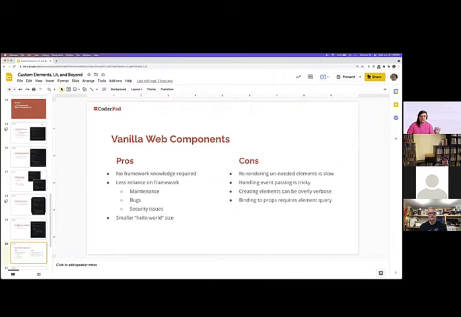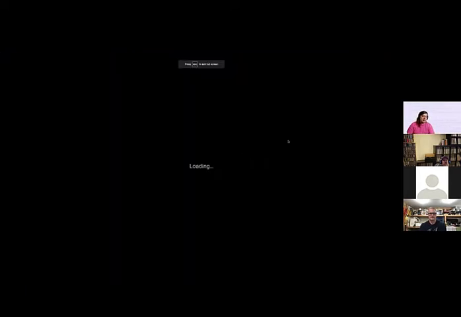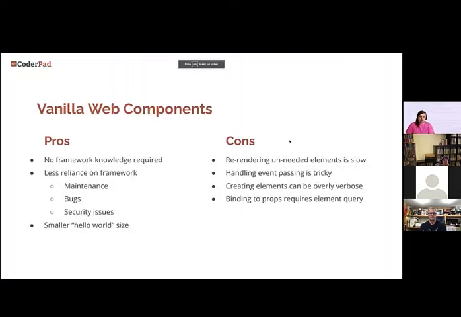Re-rendering can be the death of a big scale application using any component framework, right? Handling events is kind of a nightmare in vanilla web components without a framework. Like you saw that we had to do addEventListener, and what you didn't see is that we need to do a removeEventListener afterwards. It's this whole ordeal, right? Creating elements can be overly verbose.